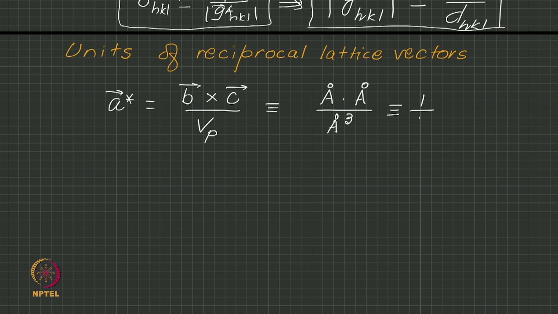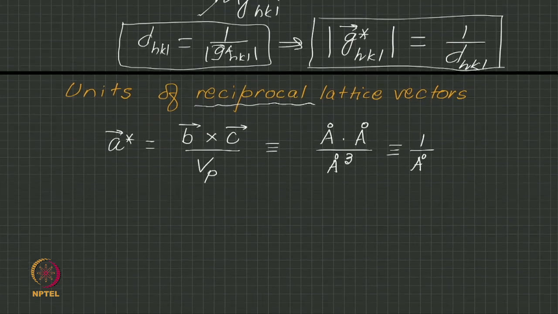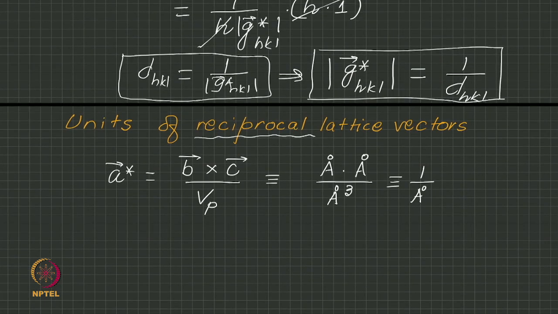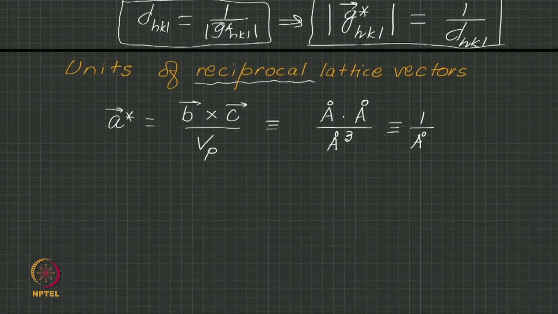So, you have 1 by angstrom. So, you can see that the reciprocal lattice vectors will have length in 1 by angstrom or 1 by meter. That is one justification for using the word reciprocal, and we will keep seeing many other justifications. Just now we saw that DHKL of real space is the reciprocal of G star HKL.